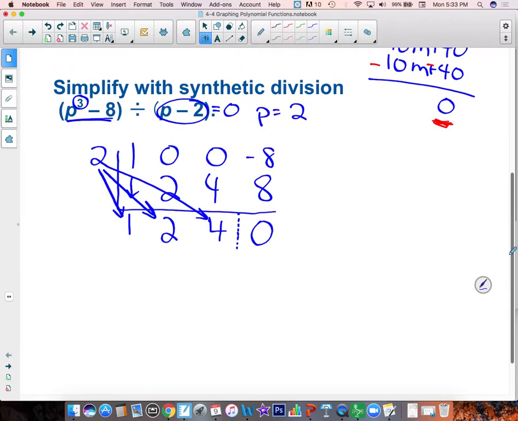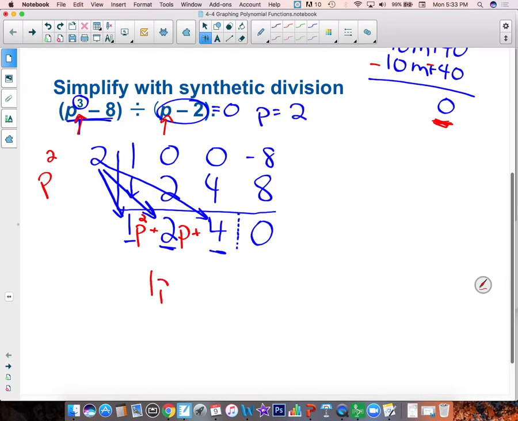Okay? So now we have to change these back into polynomials. If we're starting with p to the third up there and we're taking out a p, your final answer is going to be something p squared. So that would mean I have a 1p squared plus 2p plus 4.